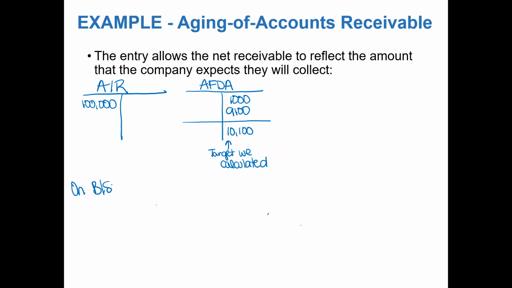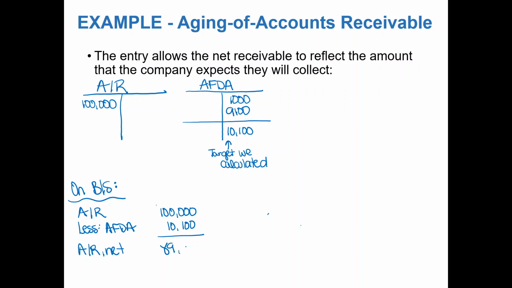So on the balance sheet, we would see AR of $100,000. We would say less the allowance for doubtful accounts of $10,100. Gets us to our net AR of $89,900.